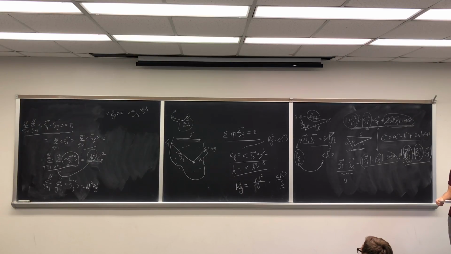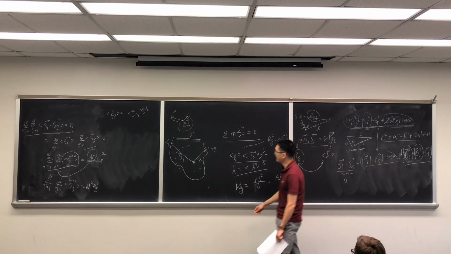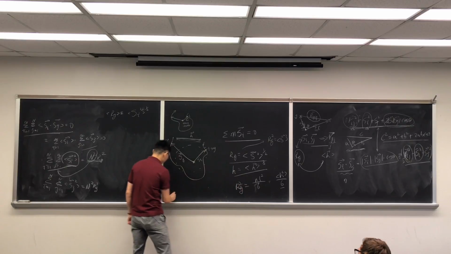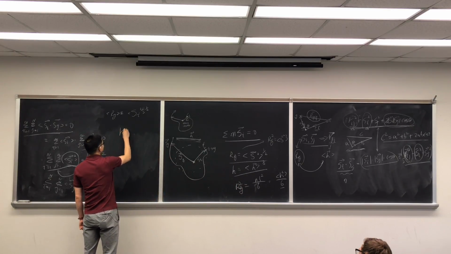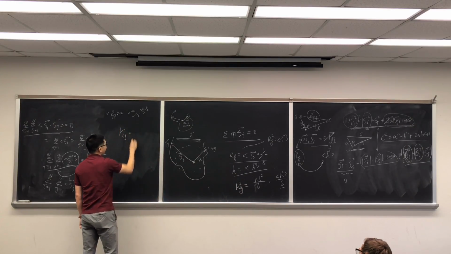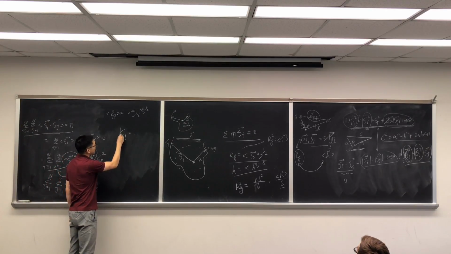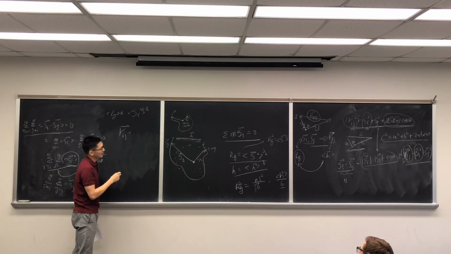What would Rij be equal to? That's a tough one. So what does Rij mean first? Rij is basically a vector from segment i to segment j.